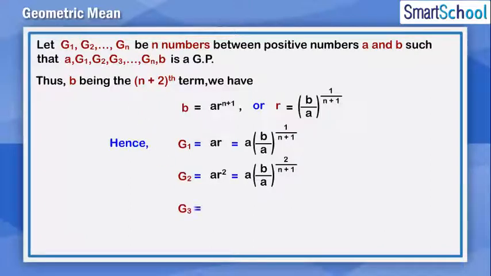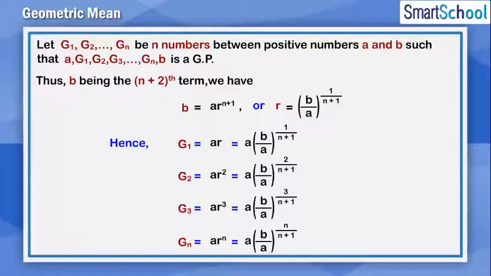G3 is equal to ar raised to the power 3 is equal to a into (b by a) raised to the power 3 upon n plus 1. Gn is equal to ar raised to the power n is equal to a into (b by a) raised to the power n by n plus 1.